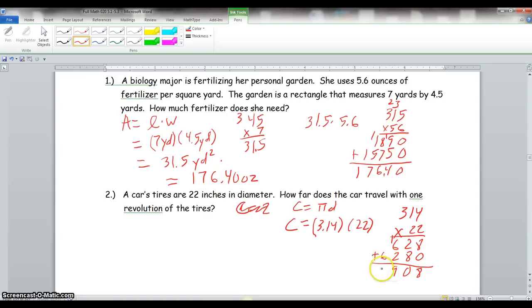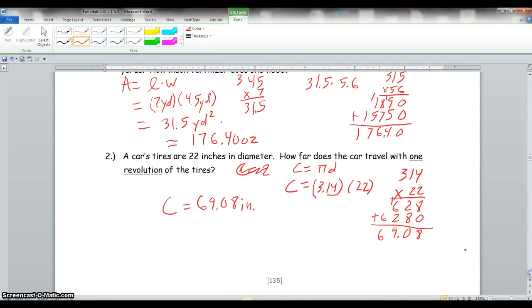Plus 2 is 9. And we bring down our 6. We add 2 digits behind the decimal. So our circumference is 69.08. And remember, we were dealing in inches, so we have to put our units of measure. And that is the end of this section.